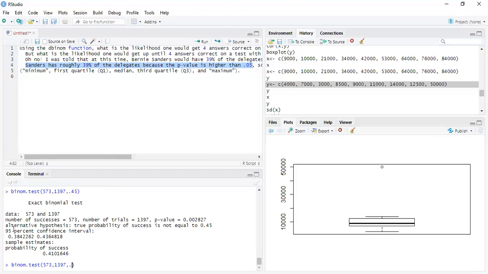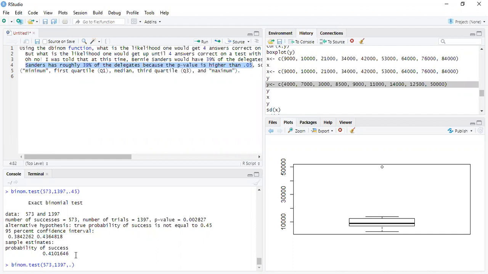And you can see here, this is the 95% confidence interval, which is basically the range of values that we are going to get, to make sure that's the mean of the population. So sometimes it'll be 38%.